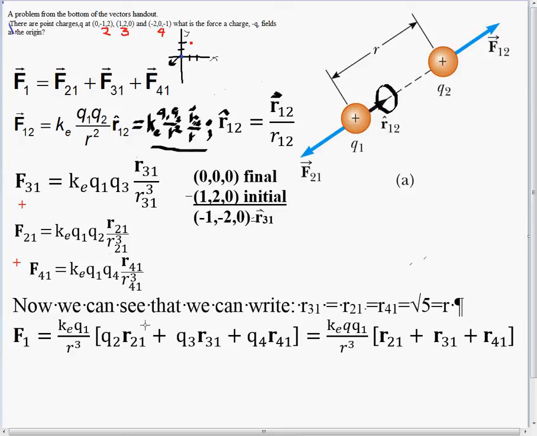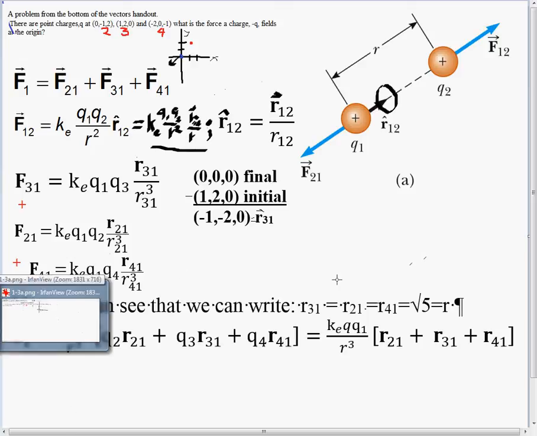And since all those Q's are the same, we can just take them out as well, and it leaves us just with a sum of 3 R distances. And we're going to do something with that right now.